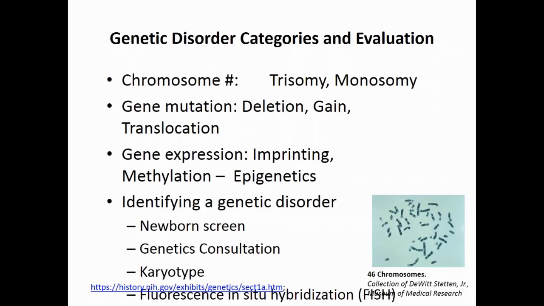Then a detailed history looks for physical clues of disorders, and further testing might confirm the diagnosis, which could include karyotyping, which determines the number and appearance of the chromosomes, a FISH or fluorescence in situ hybridization, which detects the presence or absence of specific DNA sequences, and DNA microarray, which uses hybridization probes to test for known DNA sequences, but those tests may miss unexpected gene changes.